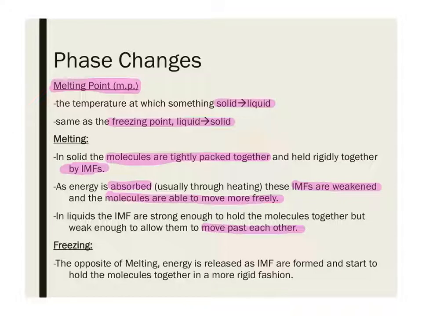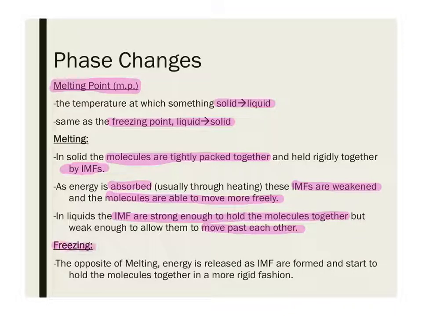But there are still IMFs holding the molecules together, and this is what we would call a liquid. So in the liquid, the IMFs are there between the molecules, but they do allow for the molecules to move freely around each other, and they can be broken and reform a little easier than they can in a solid.